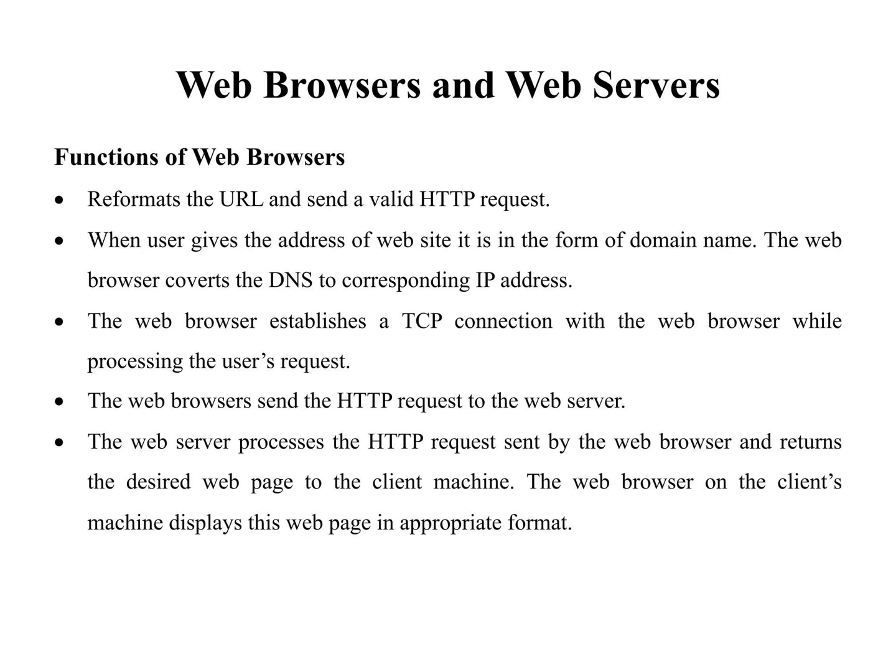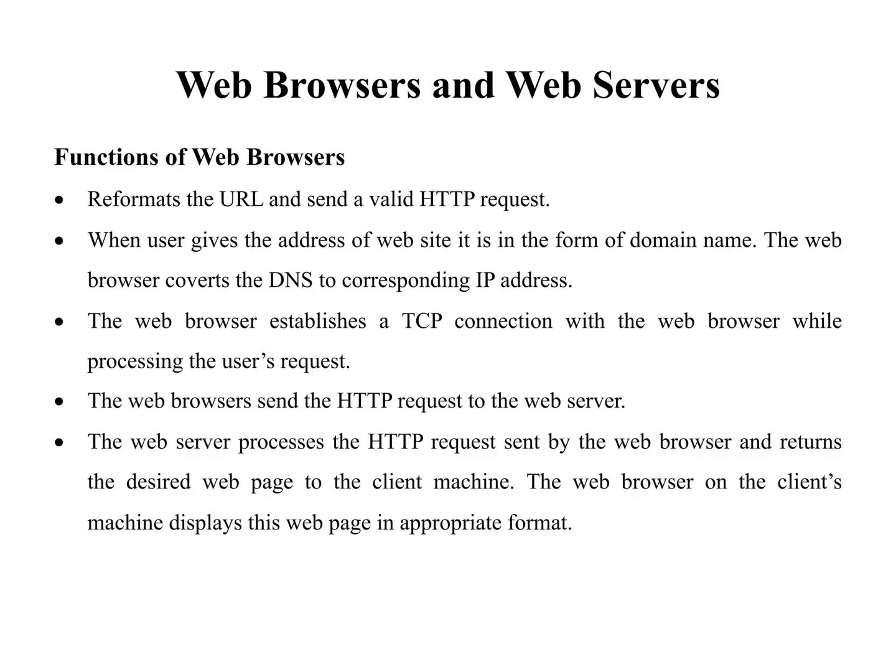then the web browser converts the domain name to the corresponding IP address. The web browser establishes a TCP connection with the web server processing the user request. The web browser sends the HTTP request to the web server.